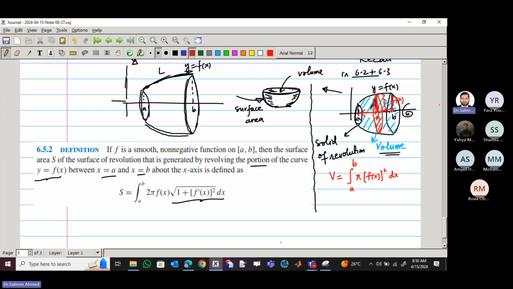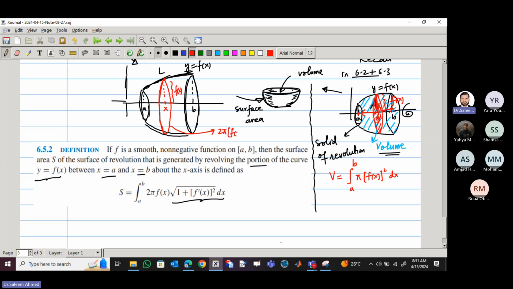I want to do the same thing. Here I'm taking x, but now at x, I'm not rotating this line. Inside is not included. I'm only rotating this point. So this gives me the outer circumference of the circle, not the inside area of the disk. The circumference of the circle is given by 2 pi r, and the radius is still the height of the function f(x).